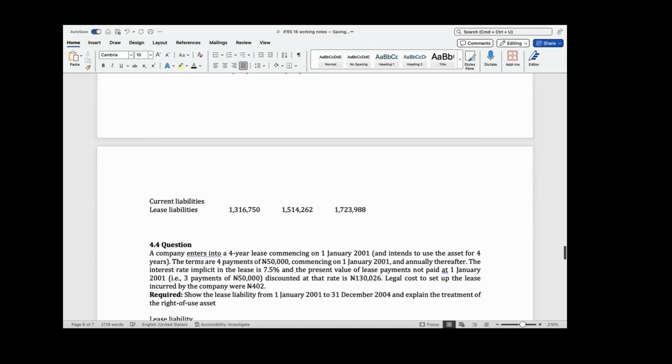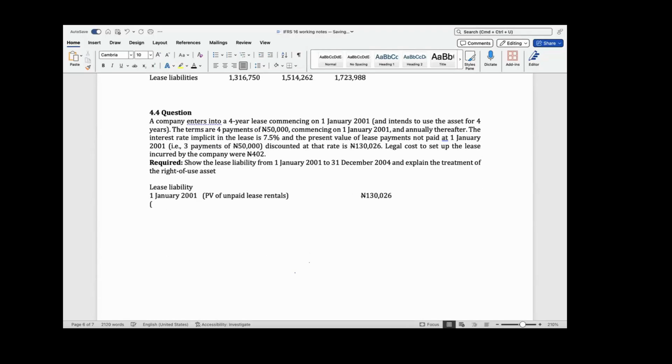Again, if you were not given this in the question, you would have used 1 minus (1 plus r) raised to power minus n, over r.